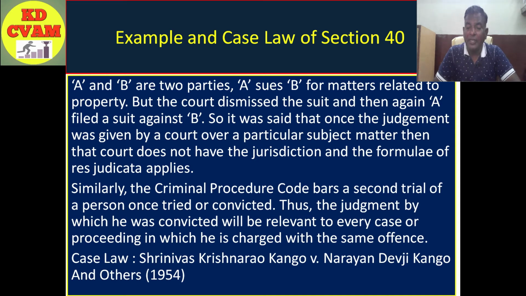Similarly, the Criminal Procedure Code bars a second trial of a person once tried and convicted. Thus, the judgment by which he was convicted will be relevant to every case or proceeding in which he is charged with the same offense.